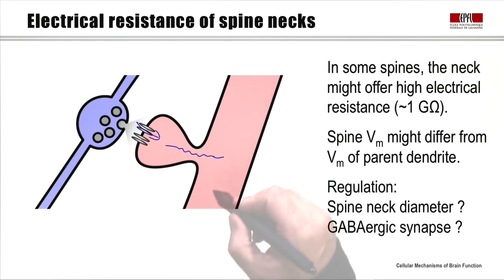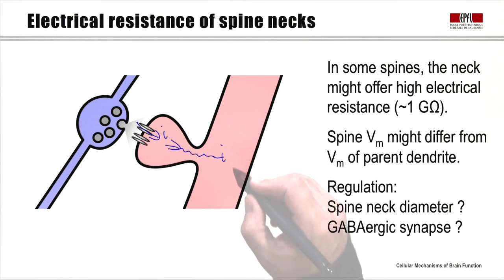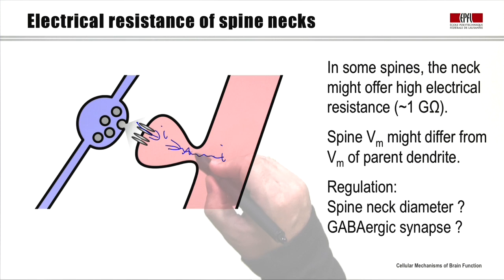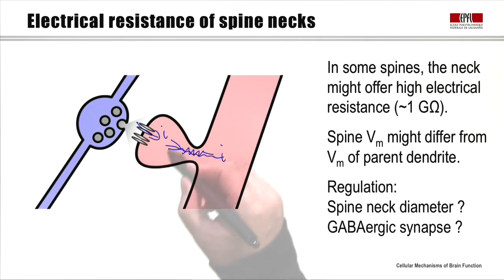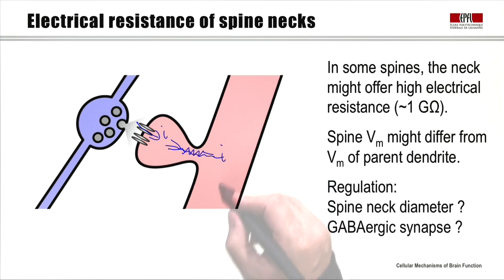In order for them to get to the soma and signal through, there must of course be some current flow. And if there's a strong resistance here, then it's more difficult for those synaptic currents to flow to the parent dendrite and of course subsequently to reach the soma.